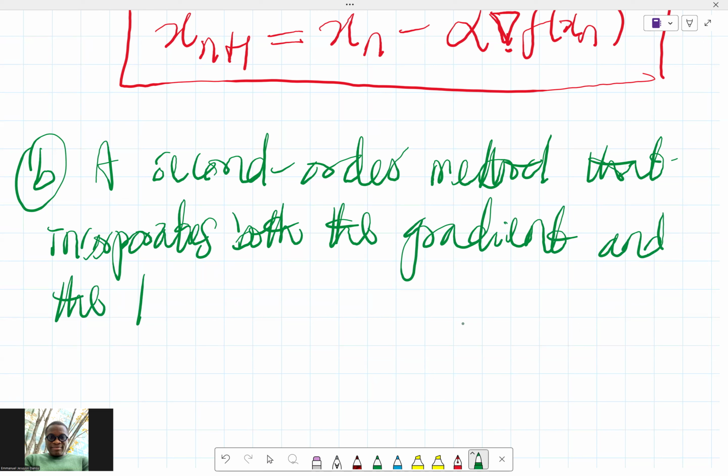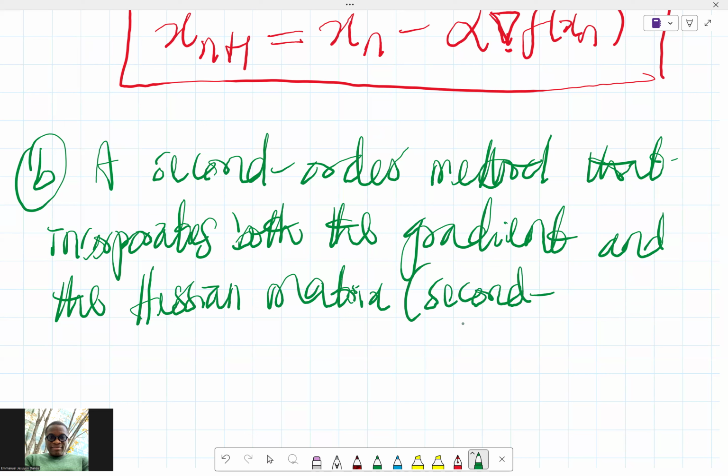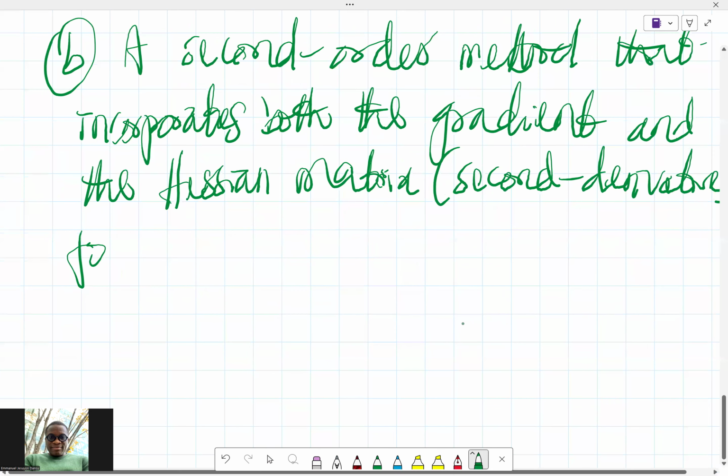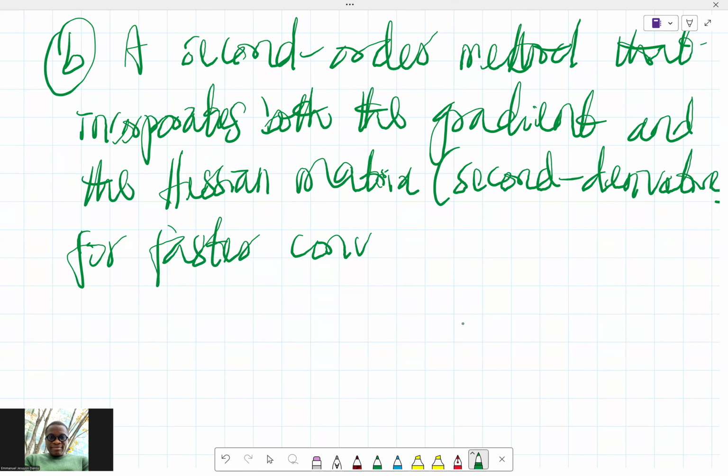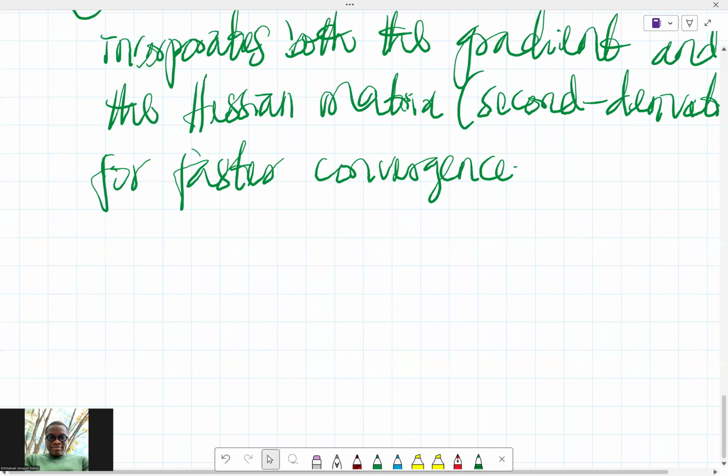So you see matrix is coming into this now. The Hessian matrix is a representative of the second derivative, for faster convergence. And you also bear witness to the fact that when we talked about root finding, the Newton-Raphson method is about the fastest of all the methods, because we use the function and its derivative. But here we go even to the second derivative in the case of optimization.